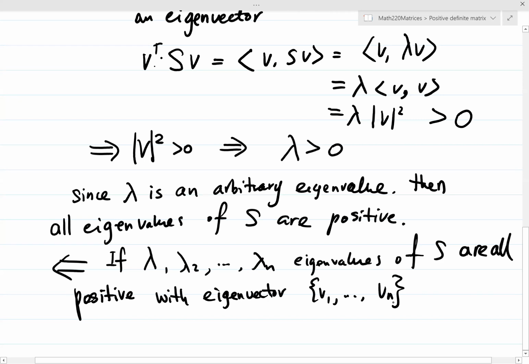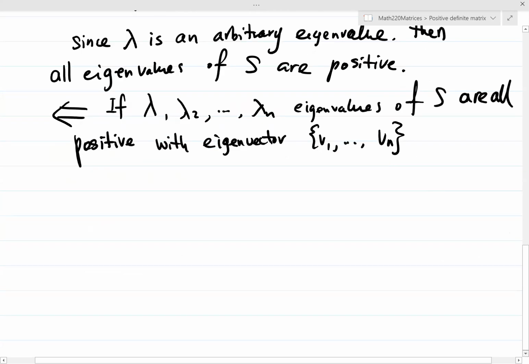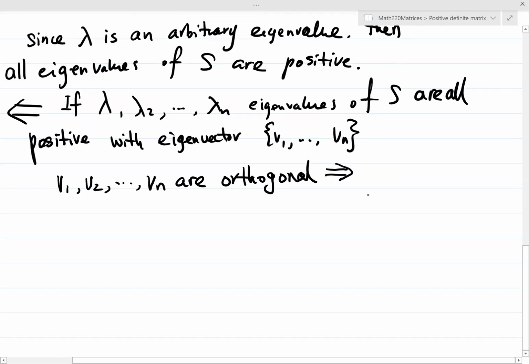Remember these v1, v2, ..., vn are orthogonal. So the span of them, v1, v2, ..., vn, equals the whole space Rn.